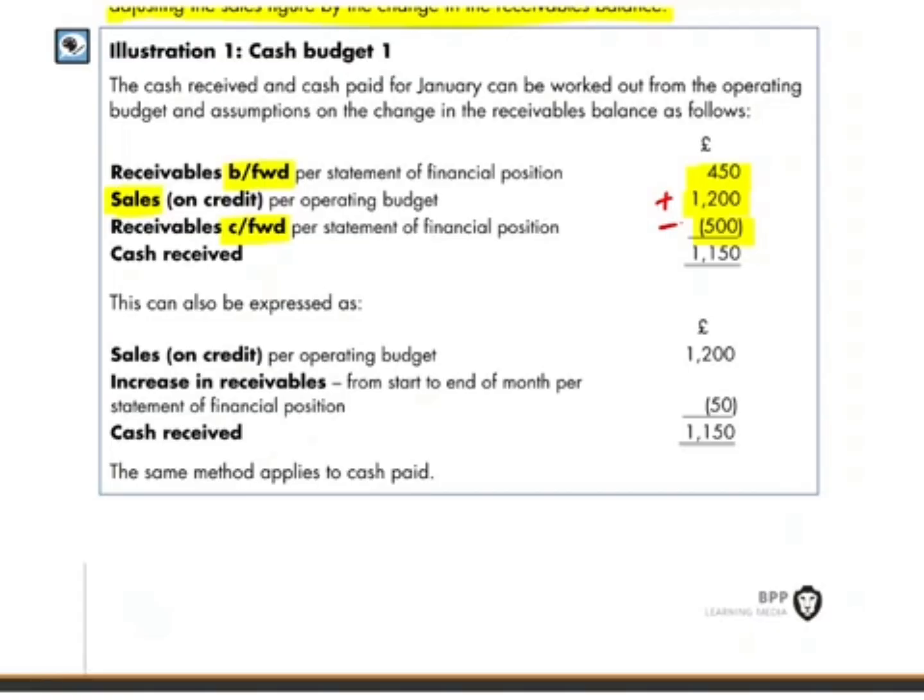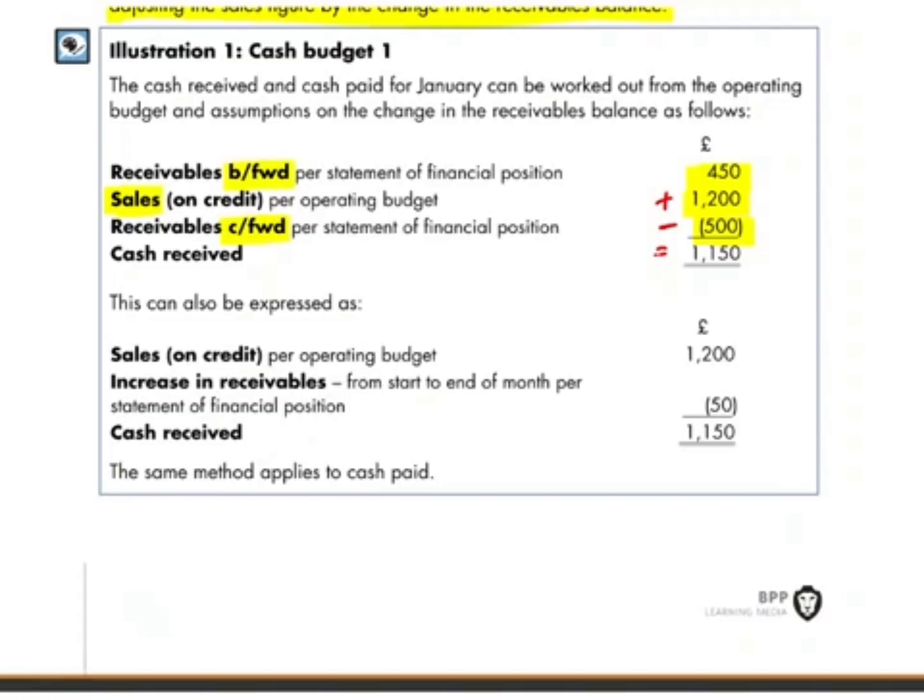The customer still has that money. So if we add the sales from the operating budget to the receivables brought forward and subtract off the receivables carried forward, we end up with the amount of cash that we received in respect of sales. In this instance, £1,150.